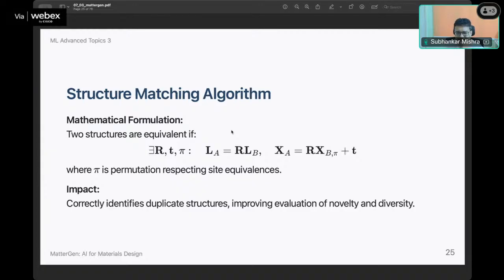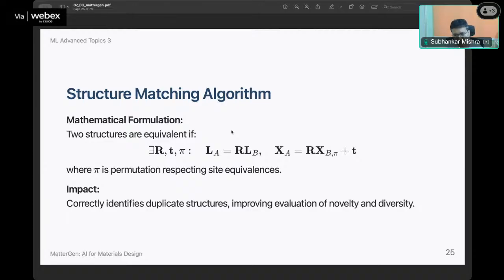It uses symmetry analysis to identify equivalent sites and checks whether the atoms are just permuted versions of the same disordered arrangement. Mathematically, it checks for equivalence by searching for a rotation and permutation that maps one structure to the other while respecting the site symmetry.